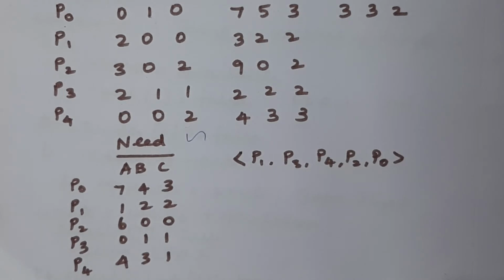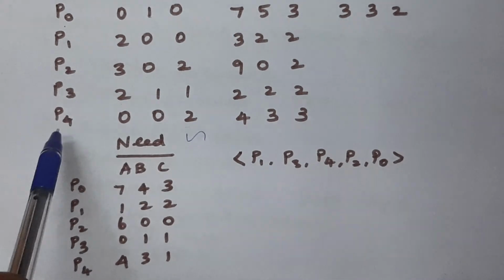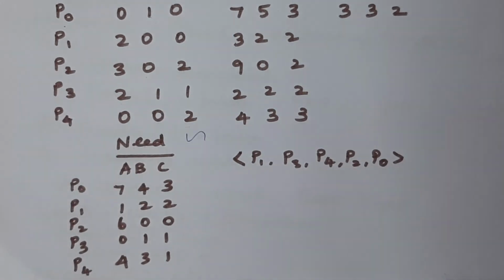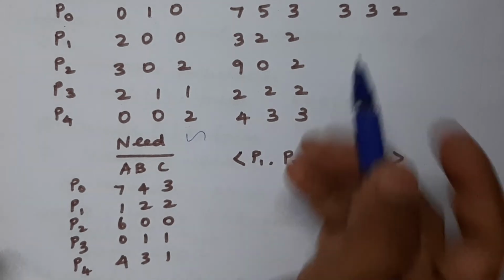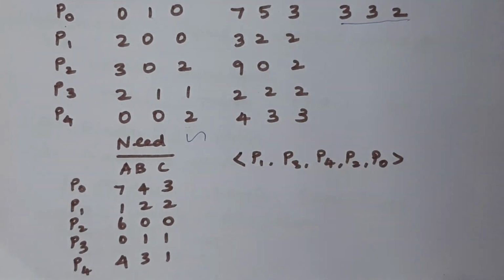Now after the allocation of all these resources to these process P0 to P4, we will be having the number of resources as 3, 3, 2. So this is the current available resources of type A, B, C. Okay. Now in which order we need to execute all these processes?